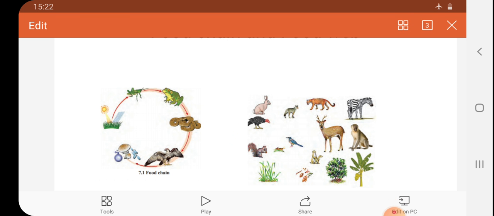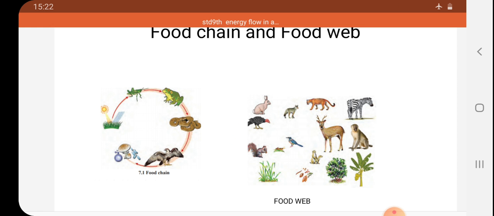So, if organisms are used by other organisms, you say that it is a food web. Are you clear about the difference between food chain and food web? So this food chain and food web helps us to balance the equilibrium in nature.